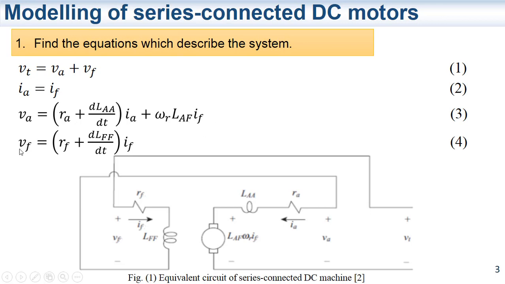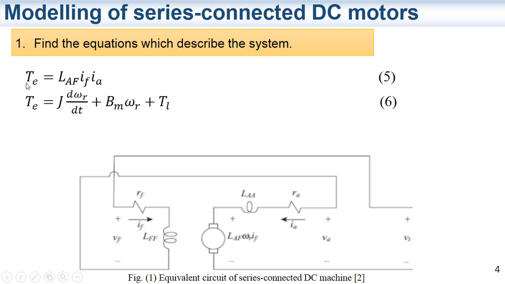In equation 4, the field circuit is represented, where the self-resistance and inductance of the field circuit are multiplied with the field current. The electromagnetic torque is presented in equation number 5 in terms of the mutual inductance and the field and armature currents.